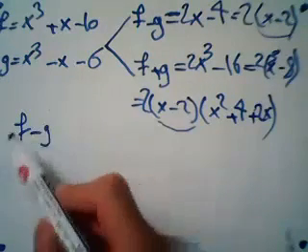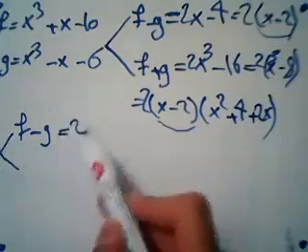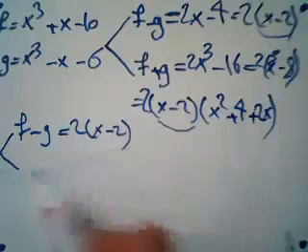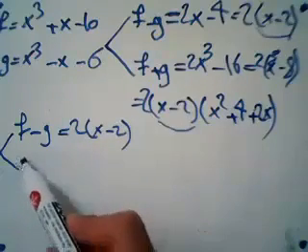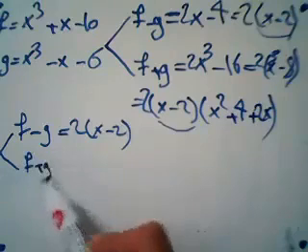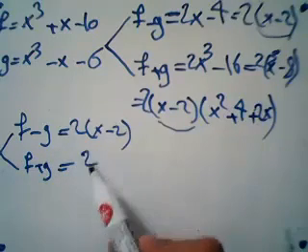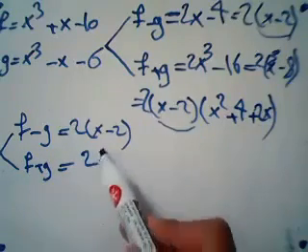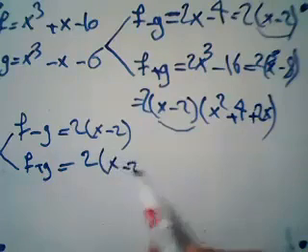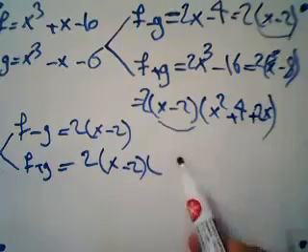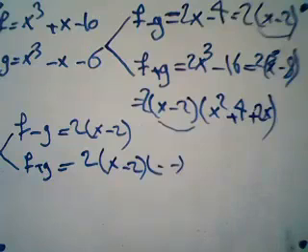f minus g equals 2x minus 2, and f plus g equals 2x minus 2 and this parenthesis.